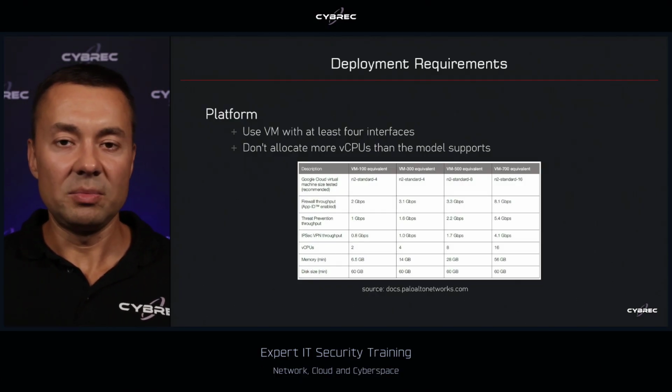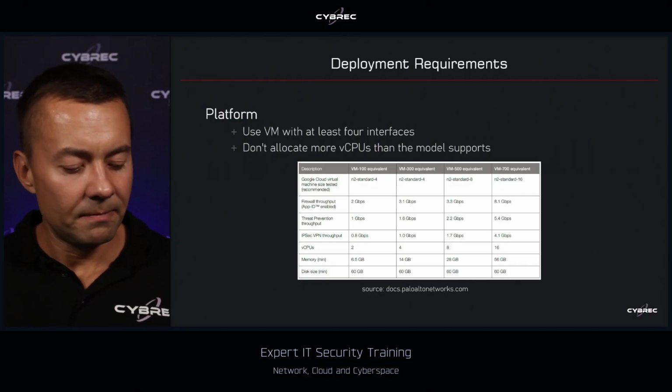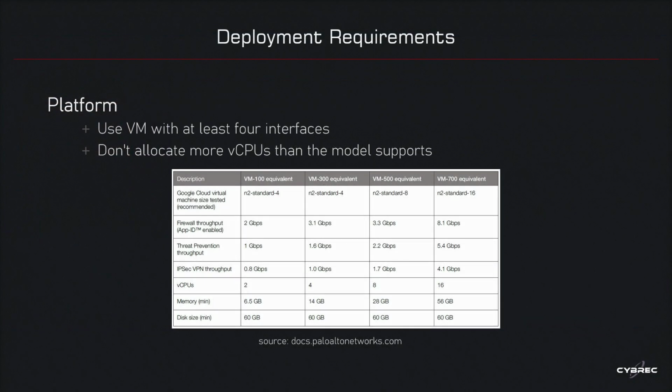This simplifies things because it tells us that any machine like N1/standard/2 is not going to work because, as I said, the bare minimum here is going to be 4 interfaces. And this is why the recommended instance machine types for the host include at least 4 interfaces.